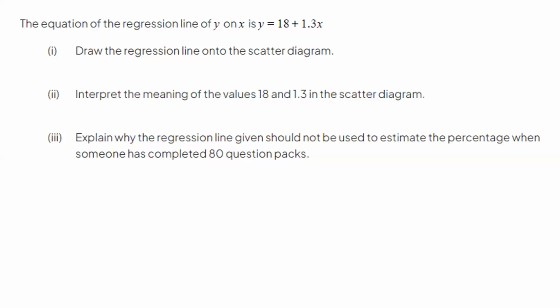You will tell the examiner that 18 is the y-intercept and 1.3 is the gradient. Now give a physical translation to your concept.